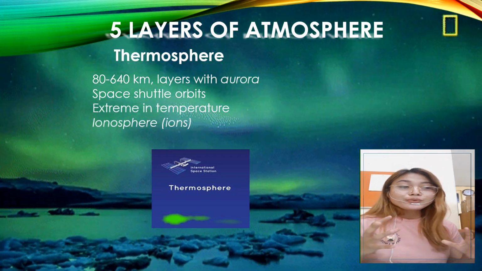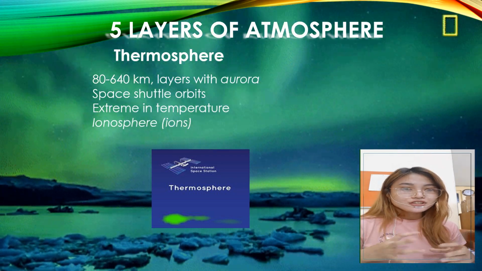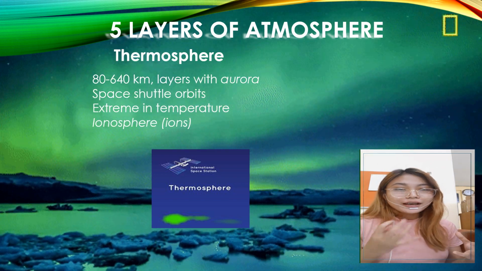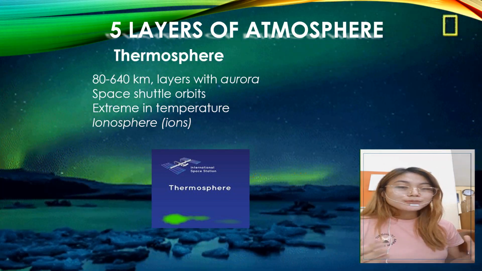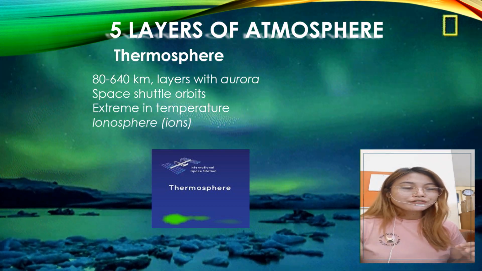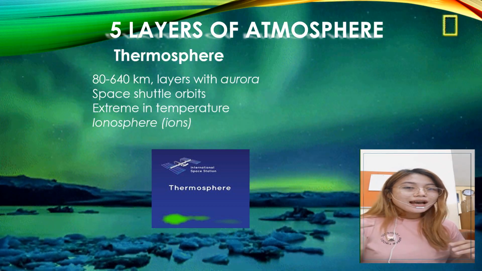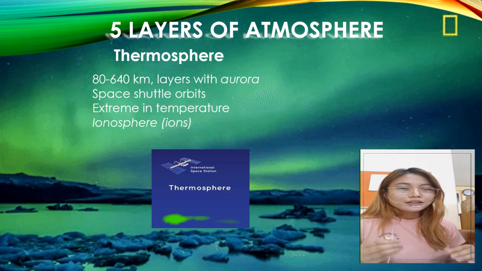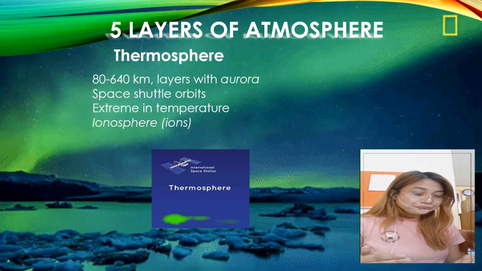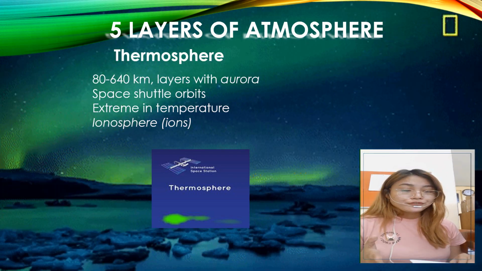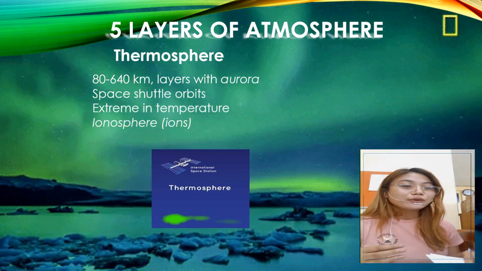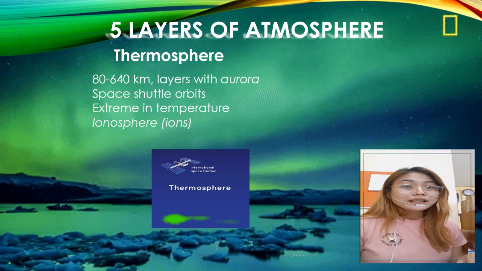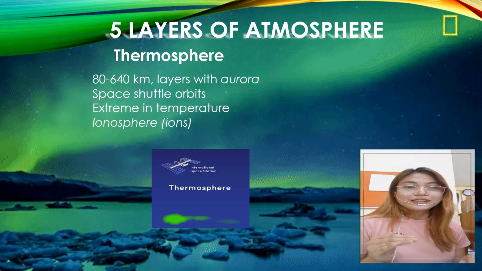Then they do some sort of chemical reactions. Then we can identify the event of the dancing lights, specifically found in the northern part of the hemisphere, in icy Alaska, Antarctica, and others. Even in the thermosphere, space shuttles orbit here, so we can find space shuttles orbiting in the thermosphere.